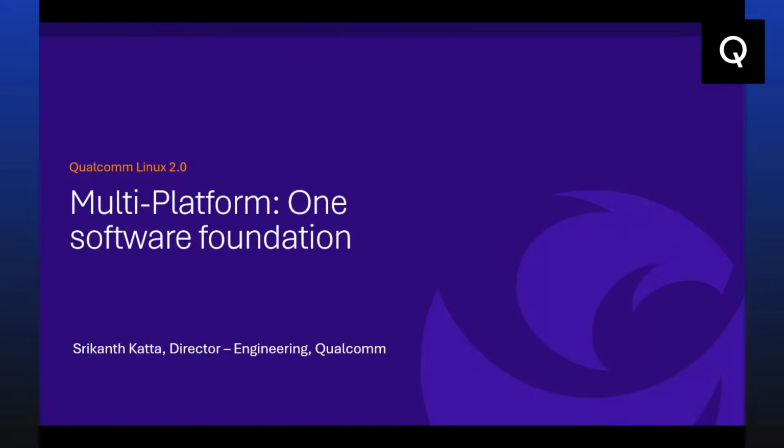Today, I'll be taking you through a high-level overview of our foundational software architecture that we put up with Qualcomm Linux 2.0. But before we get there, let me just remind you of a couple of challenges that we saw with our Qualcomm Linux 1.0 offering earlier, where we enabled two separate static build configs, one for open source and one that supports downstream proprietary value additions.